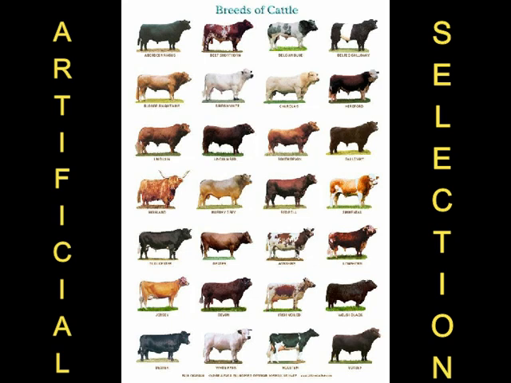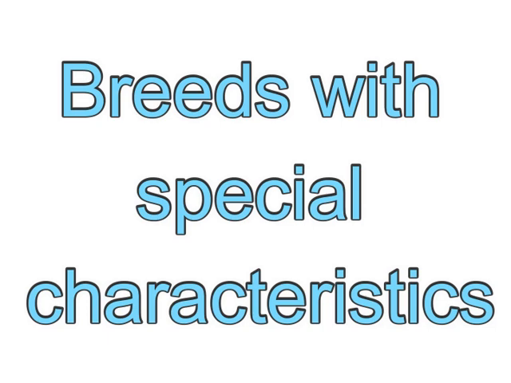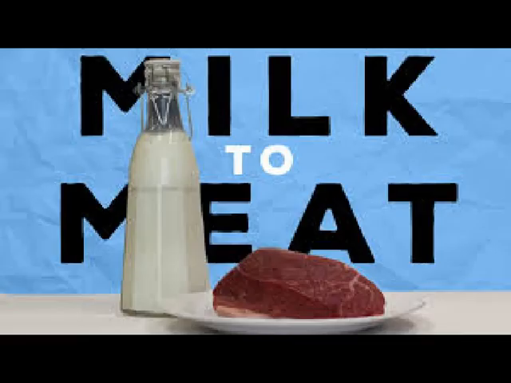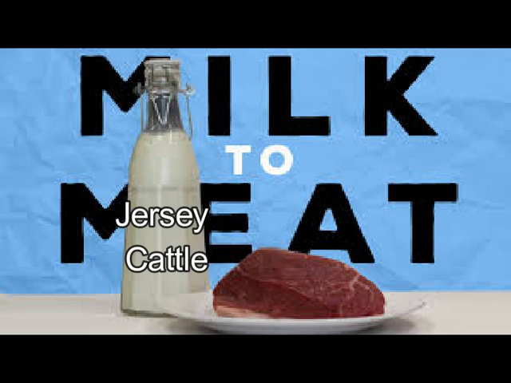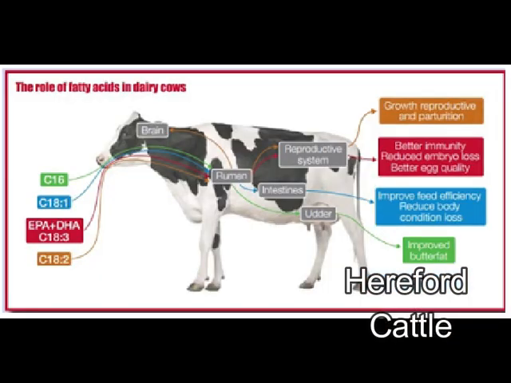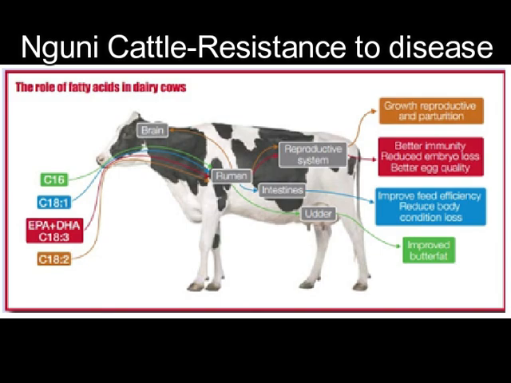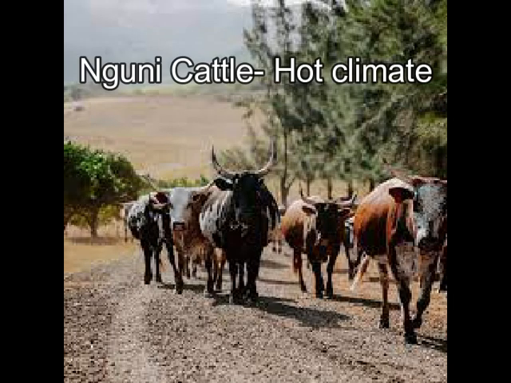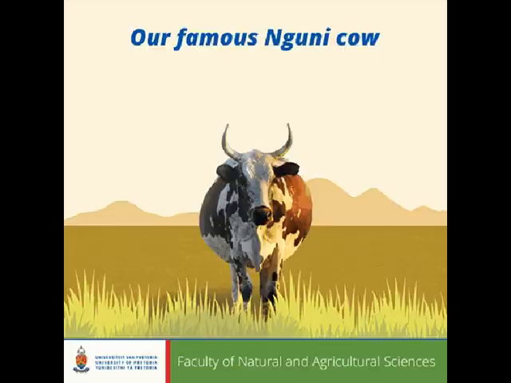For example, artificial selection has been used to develop breeds with special characteristics such as high butterfat milk in Jersey cattle, high quality meat in Hereford cattle, resistance to disease and hot climate in Nguni cattle.